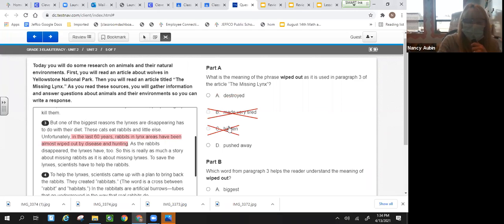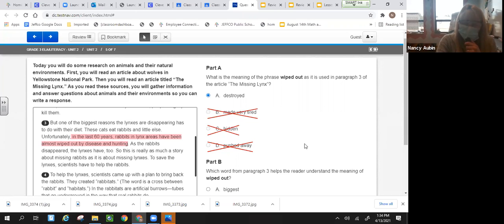That's going to kill them, isn't it? In the last 60 years, rabbits in lynx areas have been almost pushed away by disease and hunting? No, what does it have to be? Destroyed. Wiped out means they are gone. They're not just hidden or pushed away or tired. They are gone. They're wiped out.